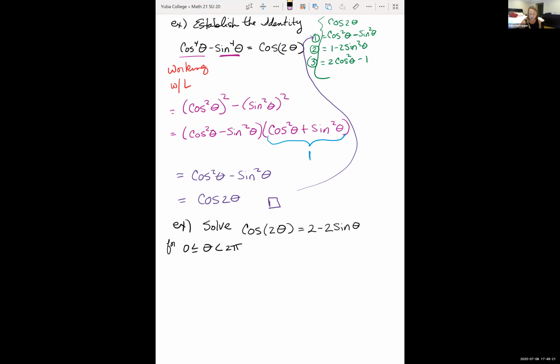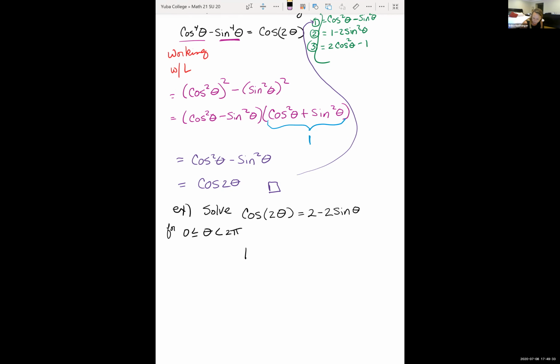So let's rewrite cosine of 2 theta on that one side using that identity. Using that identity, we have 1 minus 2 sine squared theta, then has to equal 2 minus 2 sine theta.